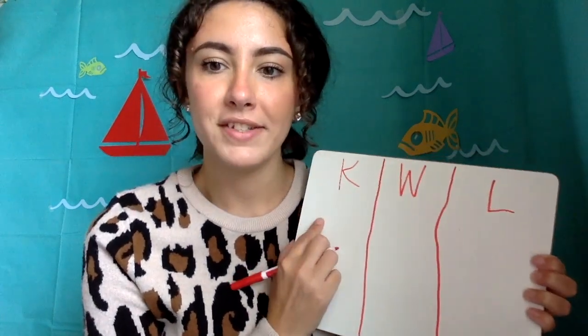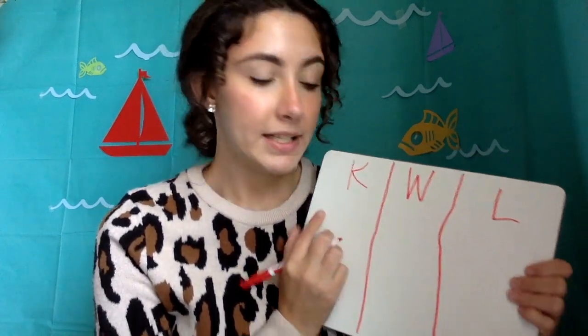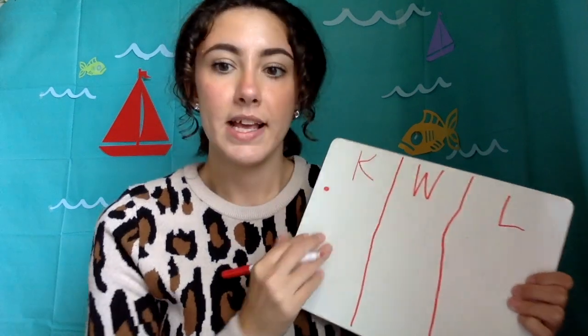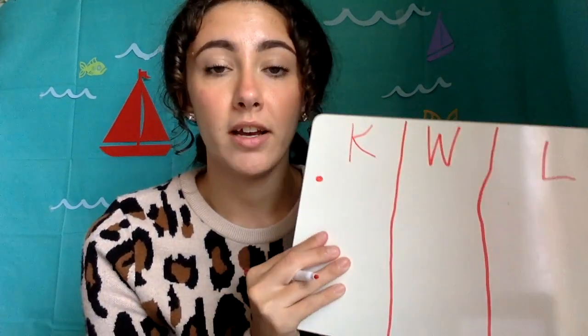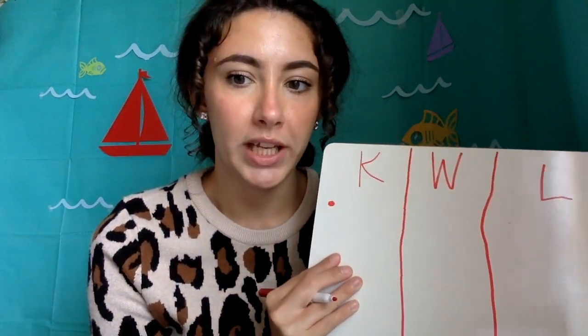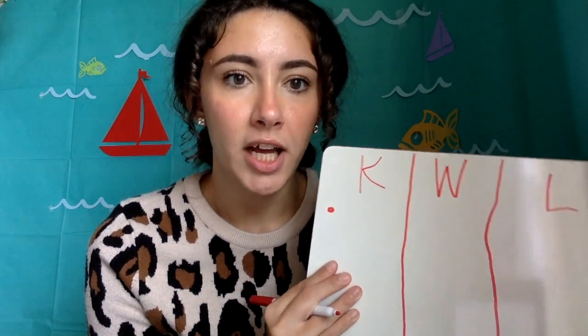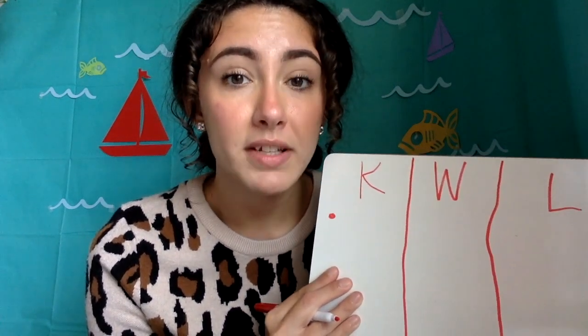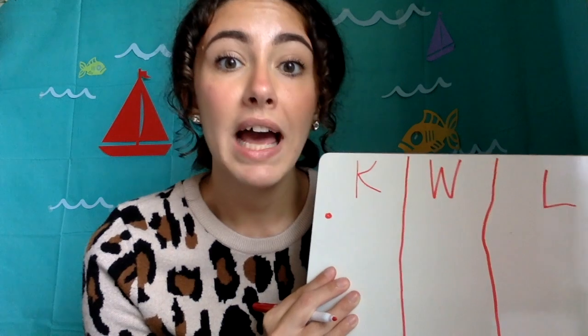So, what do we know about South Africa? Today, you've heard some facts in our morning greeting, okay? In our morning greeting. We know South Africa is a part or a small part of Africa. So, we're going to put part of Africa.